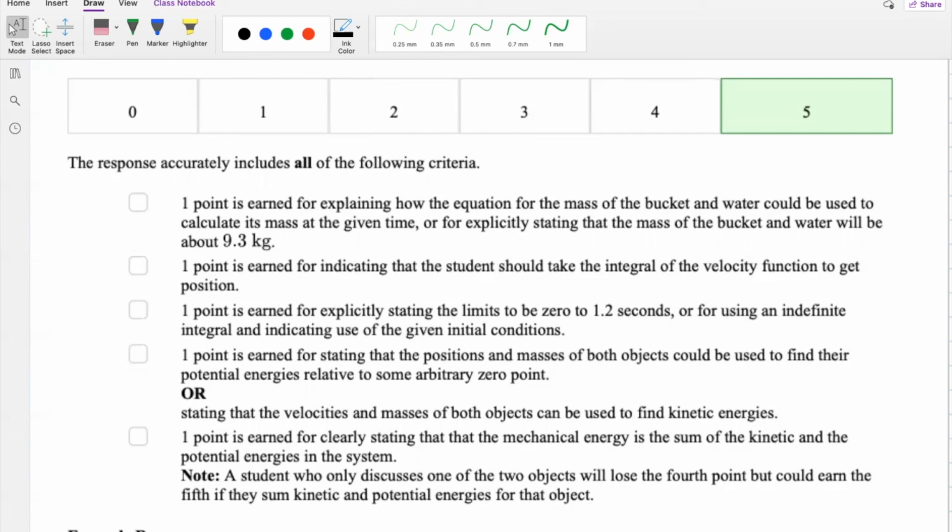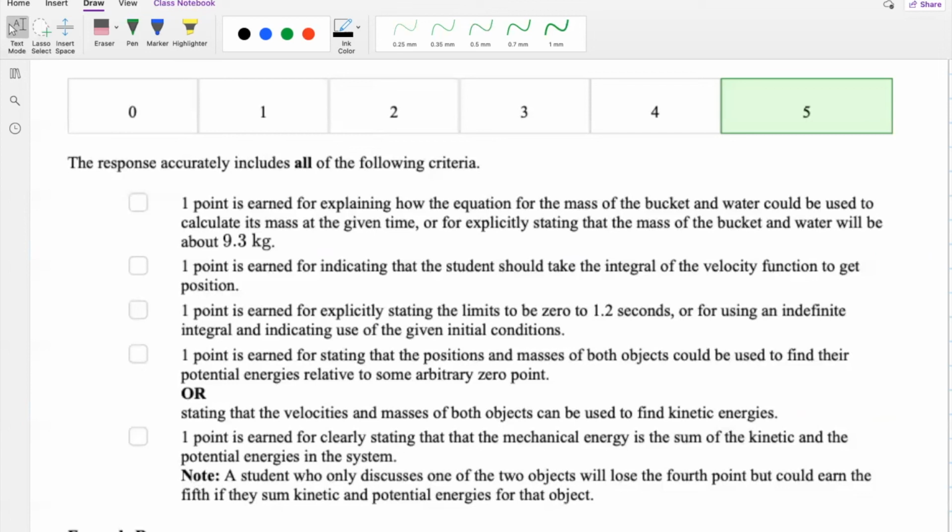Another point is really going to give us displacement, but because the students know the initial position, they will know the final position. And so they can really generate a function of position from that point. 1 point is earned for explicitly stating the limits to be 0 to 1.2 seconds, or for using an indefinite integral and indicating use of the given initial conditions.